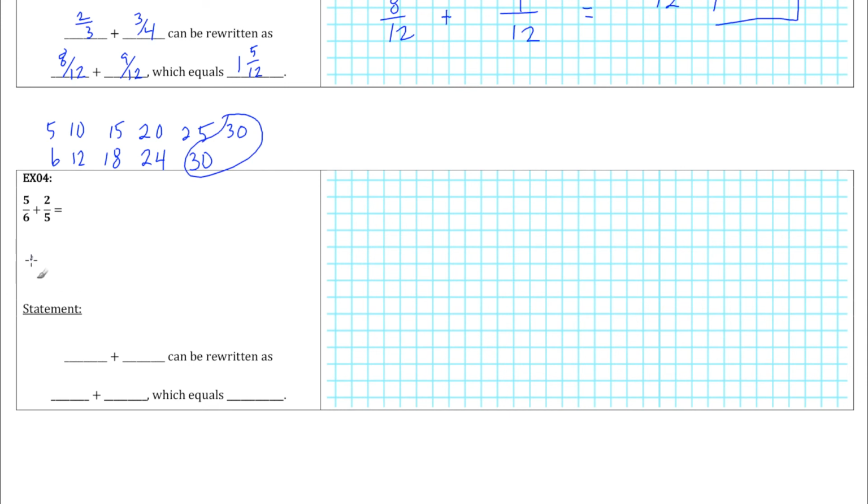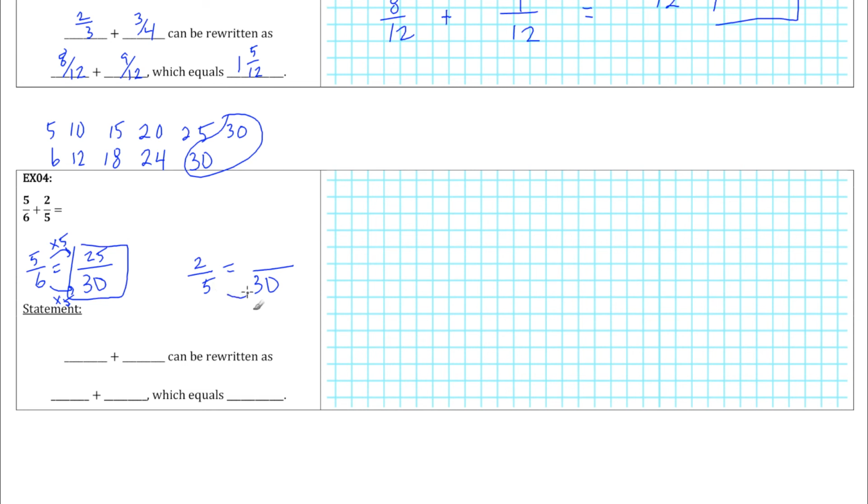30ths. So 5/6 is how many 30ths? And 2/5 is how many 30ths? So we multiply the numerator and denominator by 3. I mean, by 5. I don't know why I said 3. By 5. 6 times 5 is 30. 5 times 5 is 25.